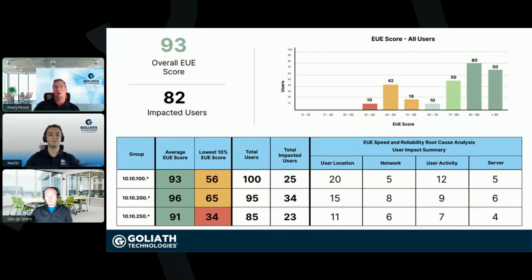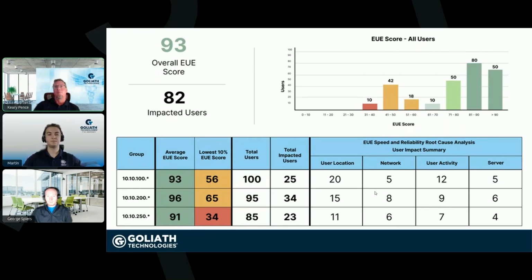Yeah, and that's part of where this report that Martin's showing right now becomes valuable, because you can see the distribution of users who are having the various degrees of end user experience. So, in this case, you've got 10 users in this group. Roughly 10% of the users are having a poor experience.